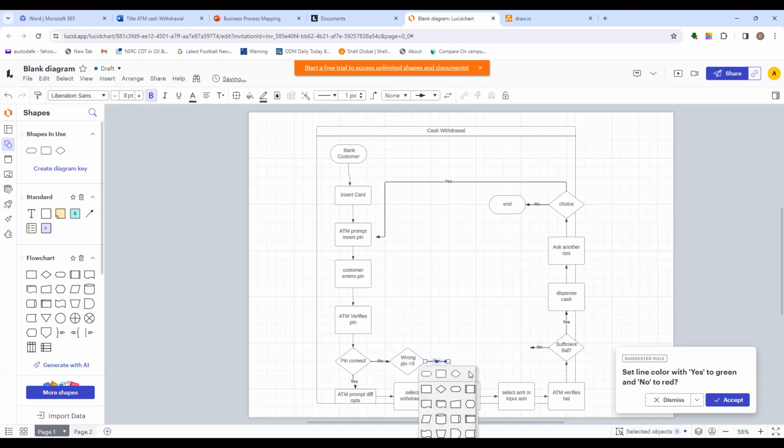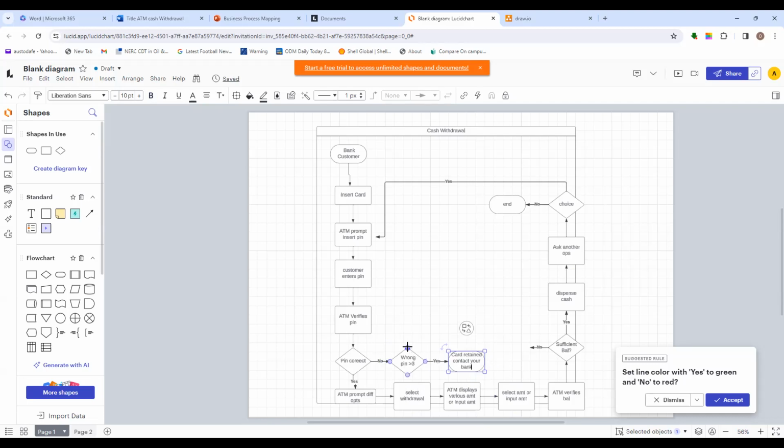Yes. What should happen? It will terminate with a message here. And what will be the message? Retain card. Card retained. Yes, sir. Contact your bank.